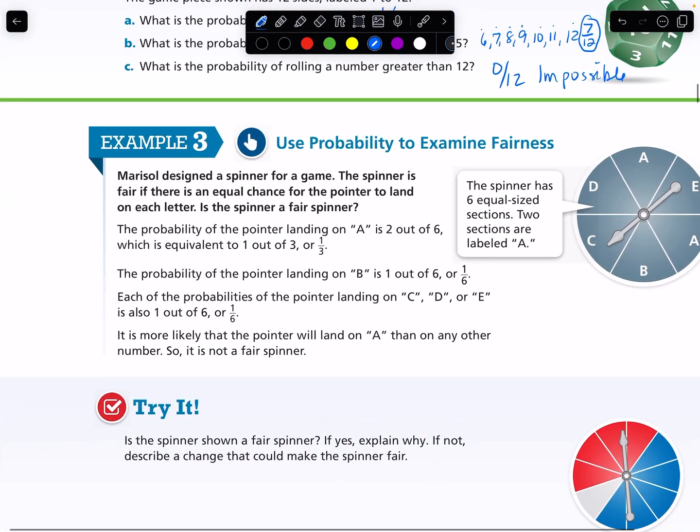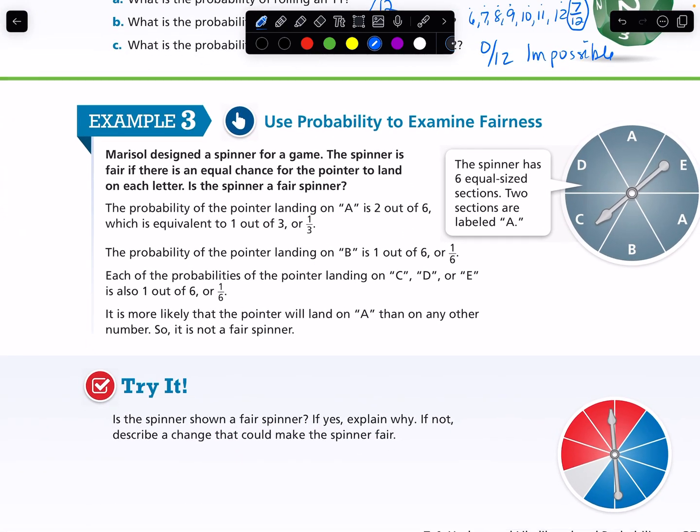Now we're going to talk about fairness. The spinner is fair if there is an equal chance. So that is the key word. There has to be an equal chance to land on each letter. The probability of the pointer landing on A is 2 out of the total 6.